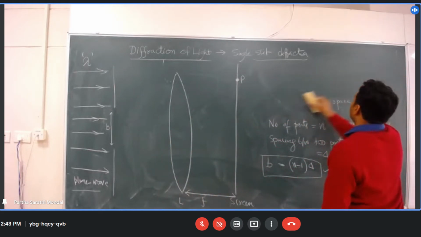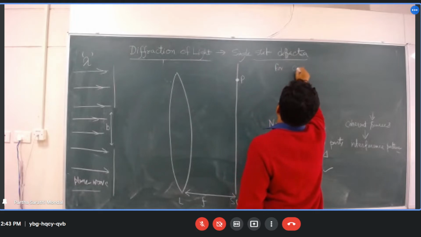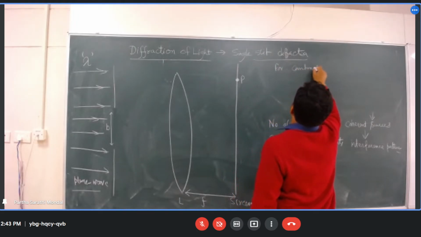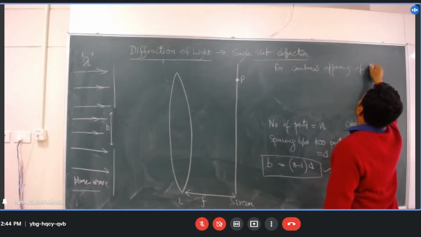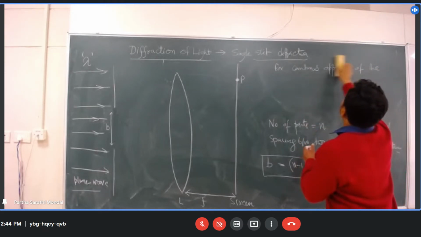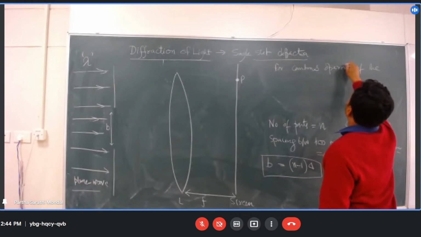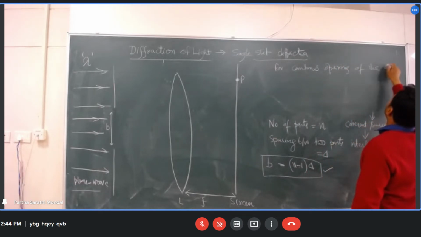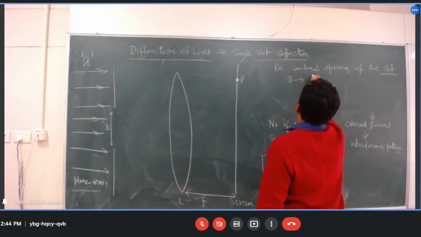So for continuous opening of the slit, we have to put n tends to infinity.